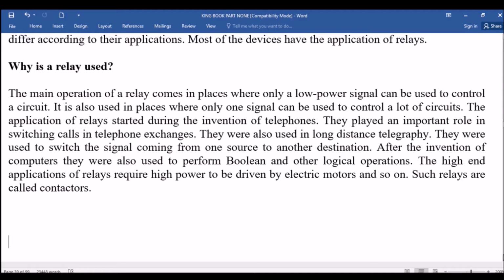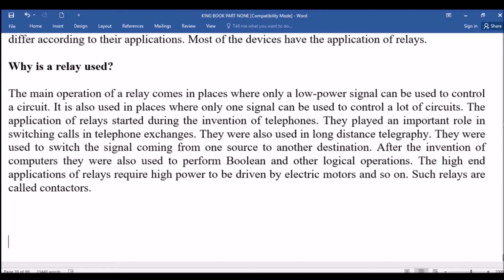The application of relays started during the invention of telephones. They played an important role in switching calls in telephone exchanges. They were also used in long-distance telegraphy.